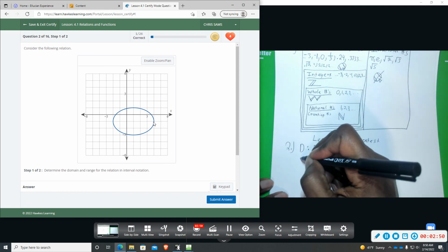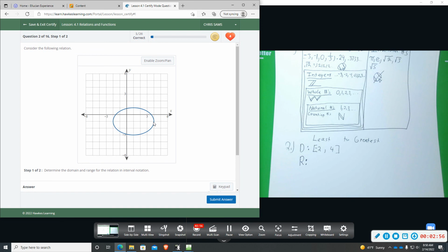We're going to do the same thing with the range. So range, we're going to go least to greatest, so that means lowest, bottom to top. So again, we're counting how far down do we go? -1, -2. Looks like we reached -3. So that's the furthest down that this graph goes, nothing past -3.